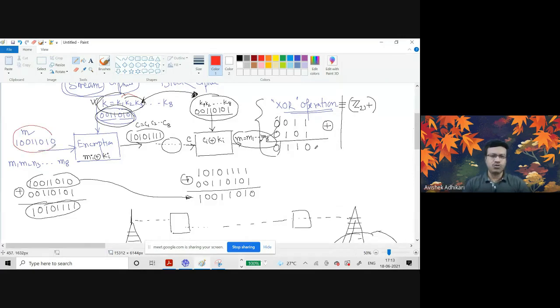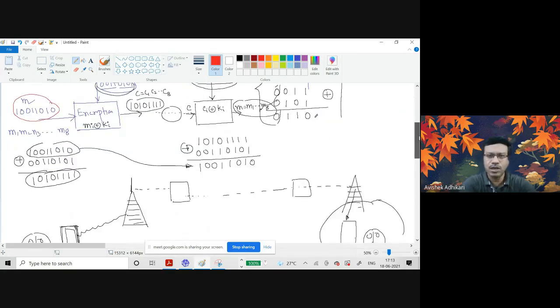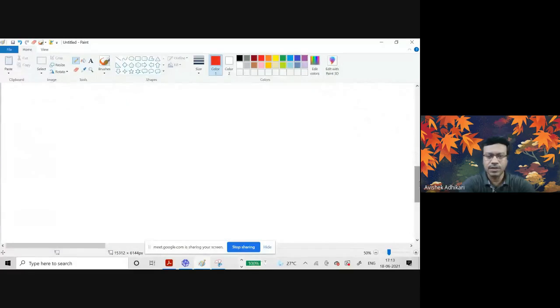That means there should not be any relation between the plain text and the keys. So the first question that comes to our mind is, how can I get a simple way of getting such uniformly distributed keys? Suppose my key is, so that actually gives you the idea of randomness, right? So what I need is some random-looking key stream bits.